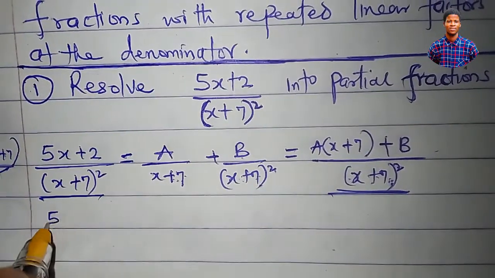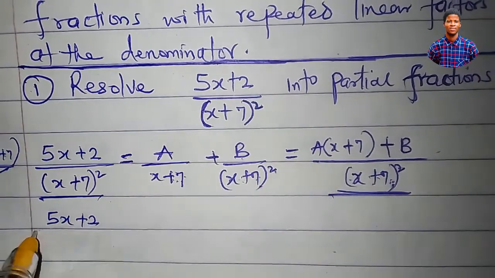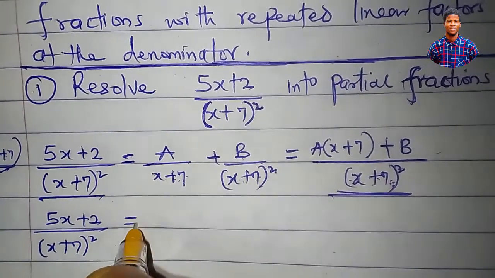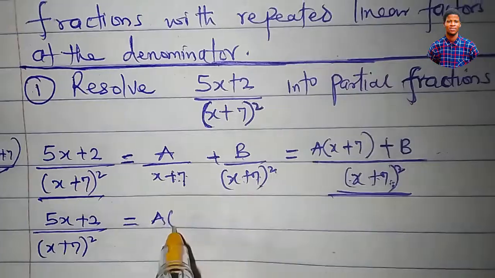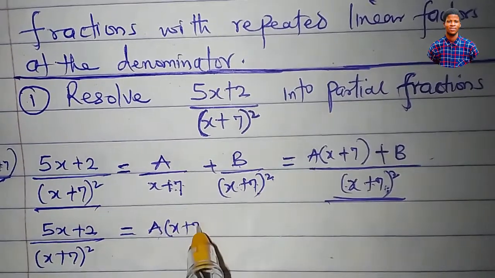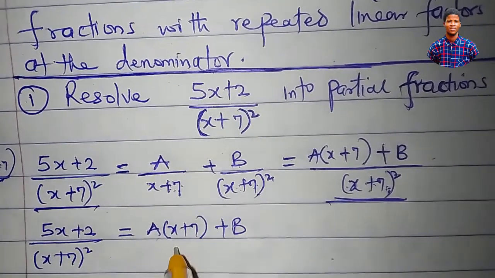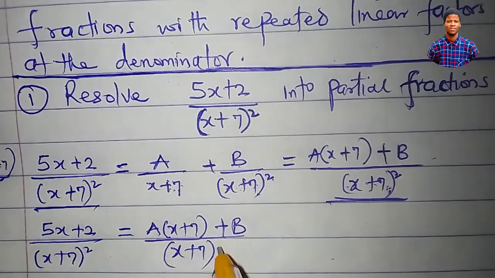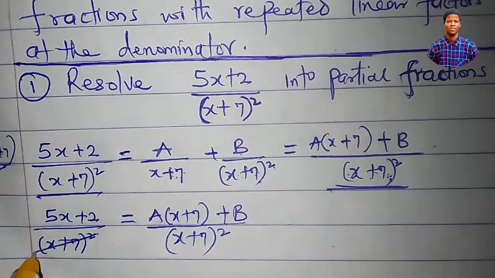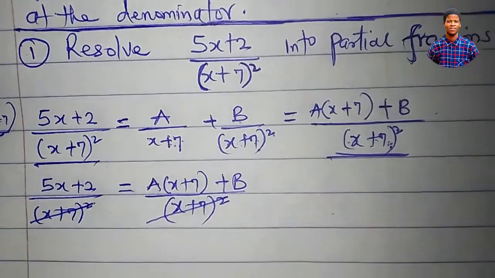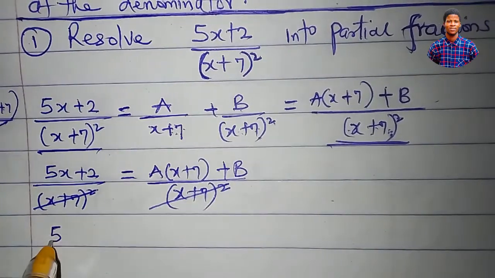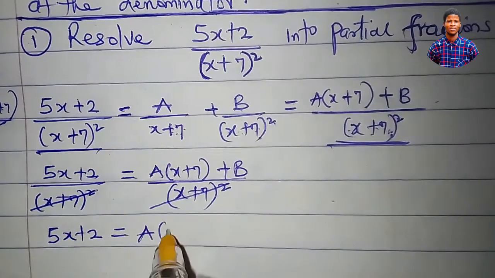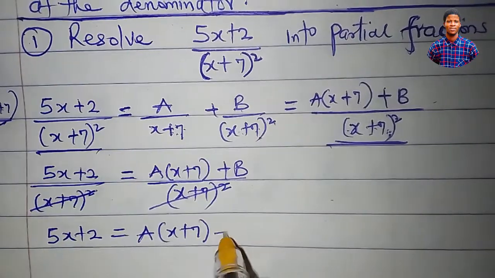That is 5x plus 2 all over x plus 7 all squared is equal to a bracket x plus 7 plus what? b all divided by x plus 7 all squared. The denominators are the same. They will cancel out, leaving us with 5x plus 2 equal to a bracket x plus 7 plus what?